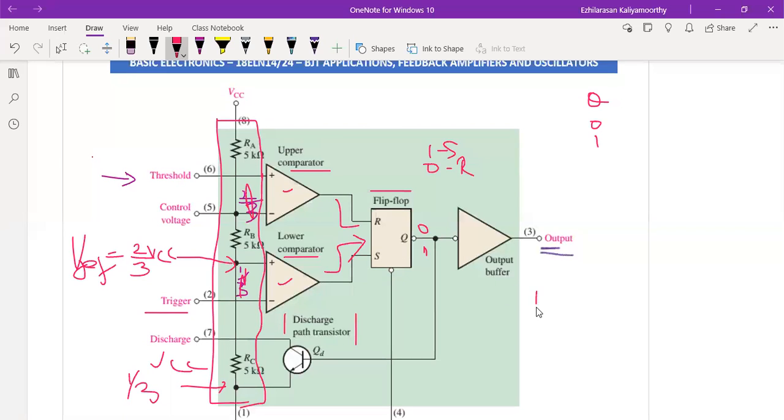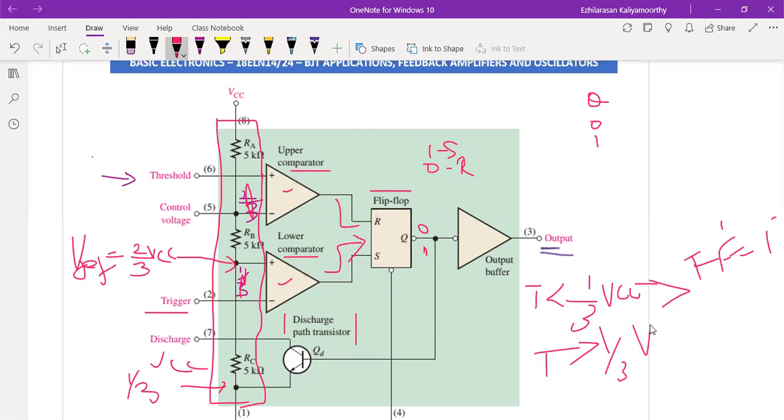So I can say simply, if the trigger goes less than 1 by 3 VCC, then the flip-flop will be set, that is 1. The output jumps to high level. At the same time, if your trigger is greater than 1 by 3, then it's very simple, it will be 0 actually.